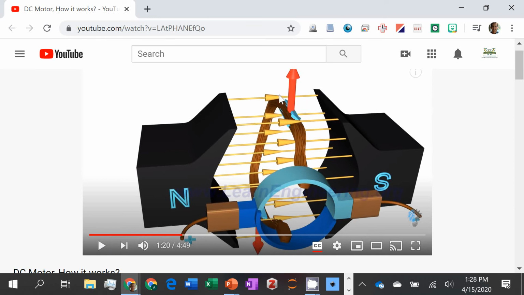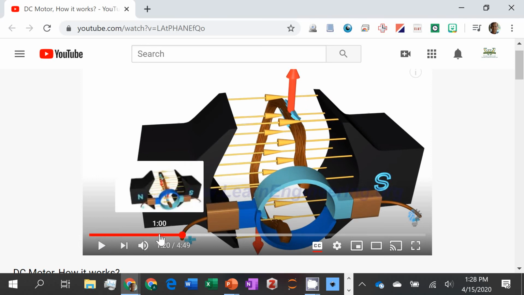Your current is pointing out of the screen, and your force is going in the upwards direction. So when you have a situation like this, there's no torque on the wire because you have a force vector pointing upwards, another force vector pointing downwards, and these force vectors are in the same direction as your D. So in this position, there's no torque on the wire.